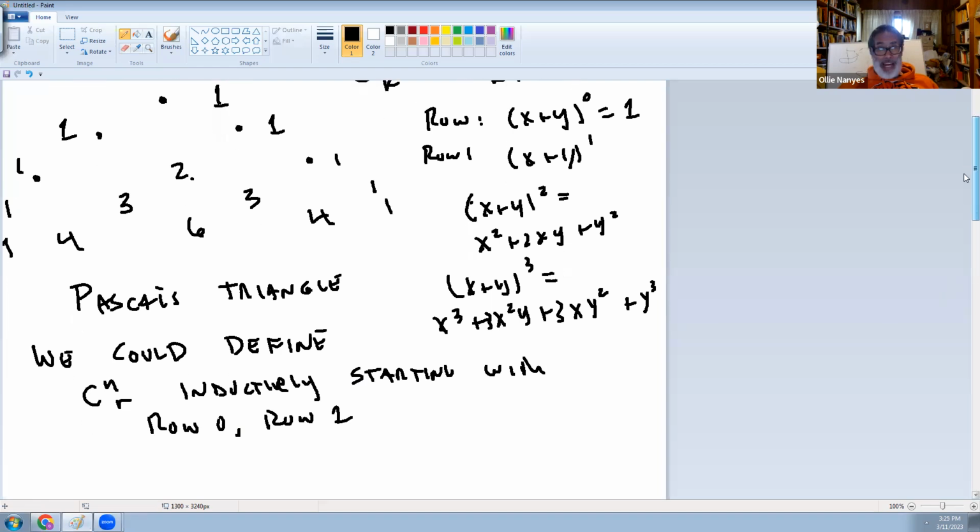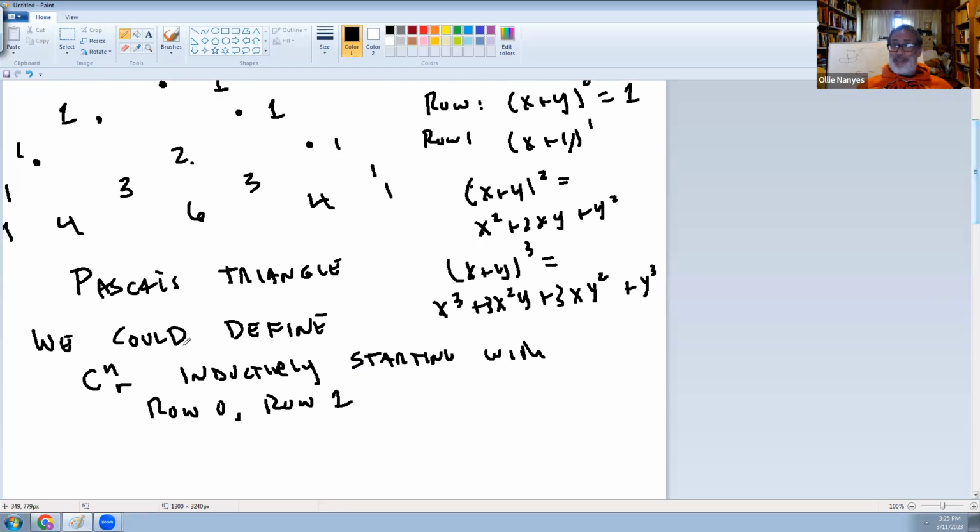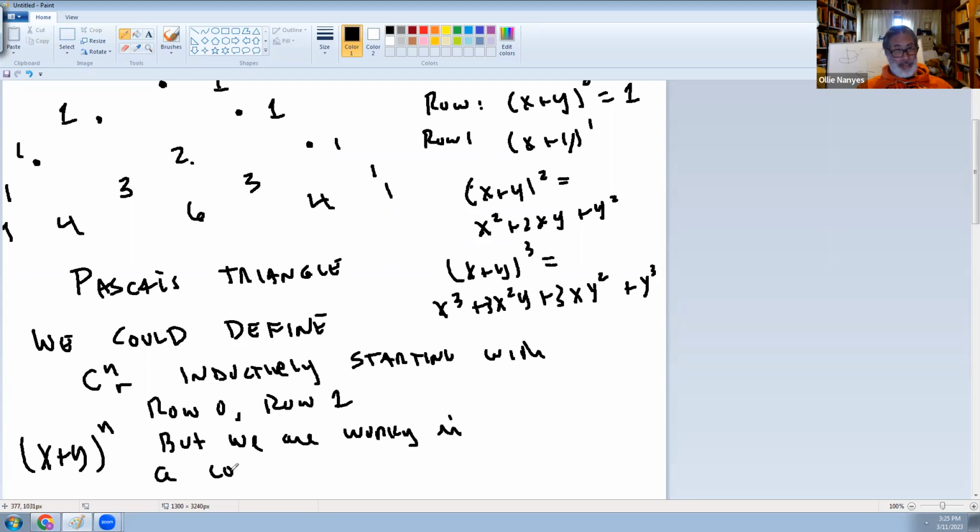And the reason that matters, and we're going to get a little bit beyond probability and statistics here, is suppose you have x plus y to the nth power, but we are working in a commutative ring.